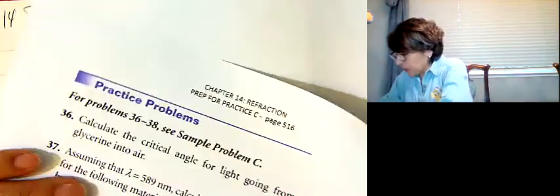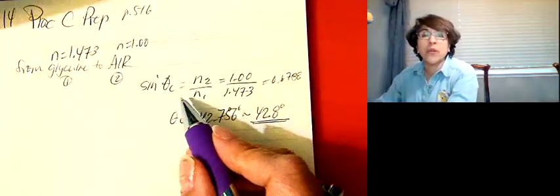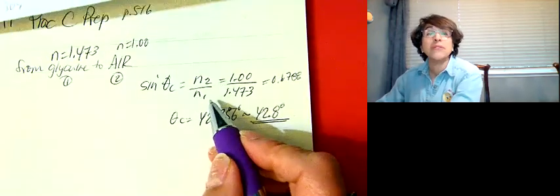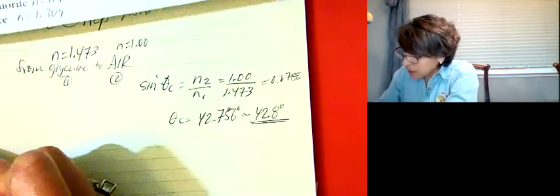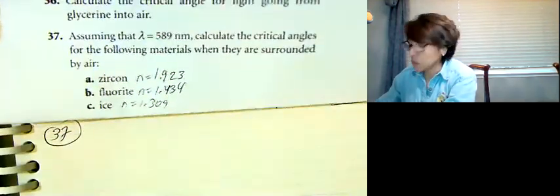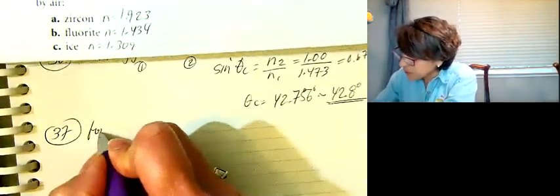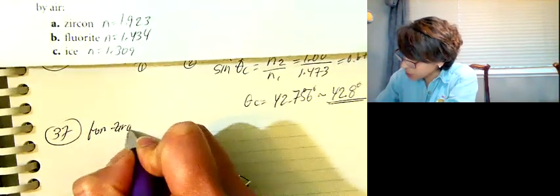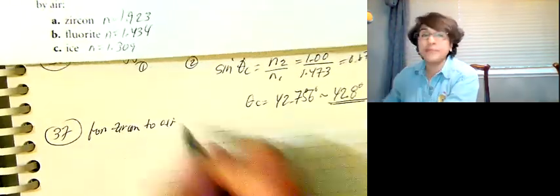I think I'm just going to do it right here. We wrote down that the sine of the critical angle is N2 over N1, where N2 is the second medium. So for 37, we go for the first one, from zircon to air.